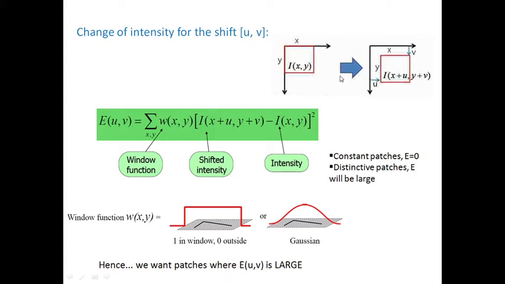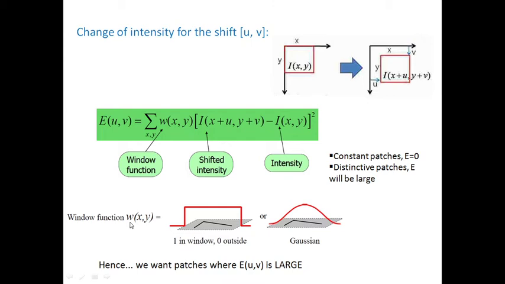If the image does not have constant patches, that means we have different textures, intensities or colors, then for such distinctive patches E will be very large. The difference between the old pixel and the new pixel makes a huge difference, so the change of intensity for the shift u comma v will be very large.